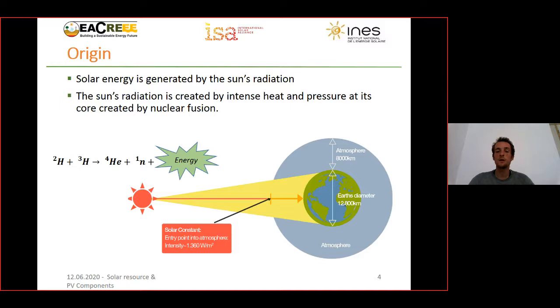That is a very, very important value to have in mind: on each square meter on Earth at ground level, you can receive about 1,000 watts per square meter of power from the sun. This will help us to understand how much energy we can have, for example, in 1 hour, in 1 day, in 1 month, during 1 year.